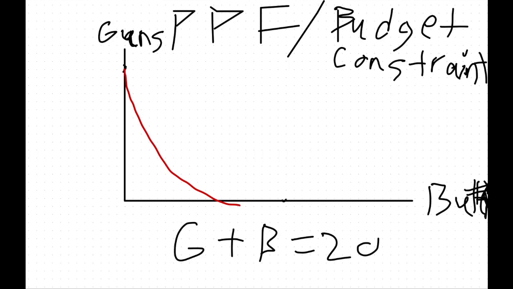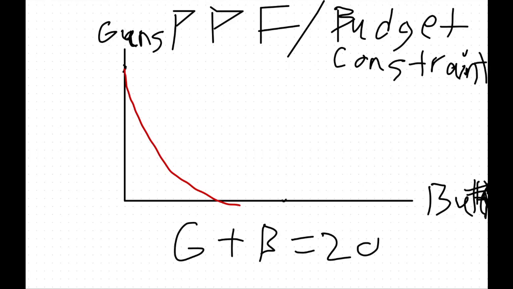And the reason they give is that as you switch, you always use the most efficient resources first. That you're going to use the cows last when you're moving from producing butter to producing guns.